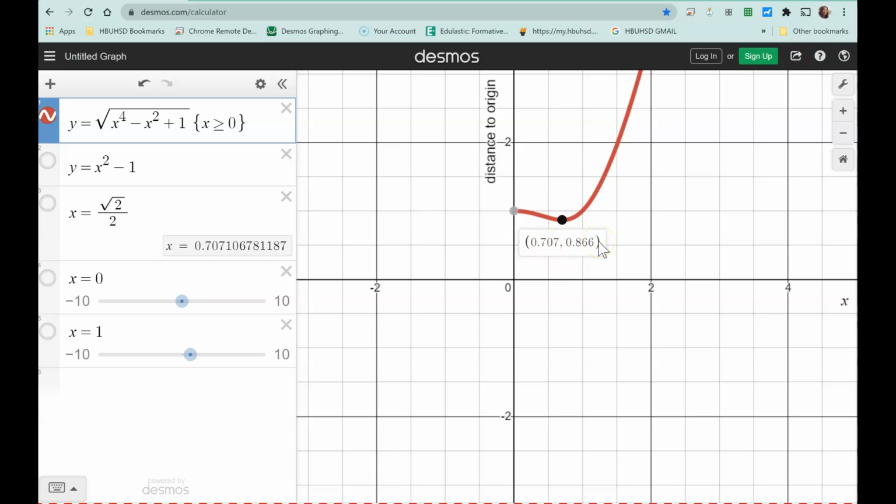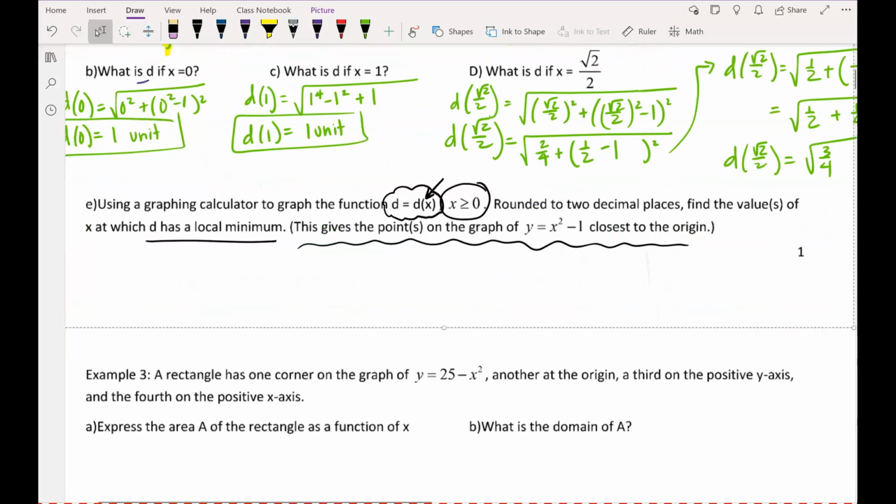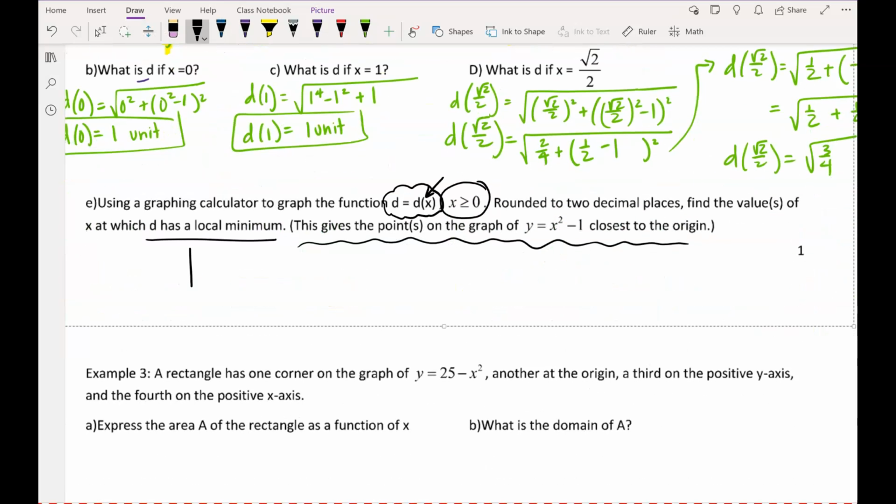Let's write that down and sketch that out. So use a graphing calculator, just go ahead and sketch this out. And it looks like it only wants the positive side. And then just dip down a little bit here and then it goes back up. So here is the lowest point.